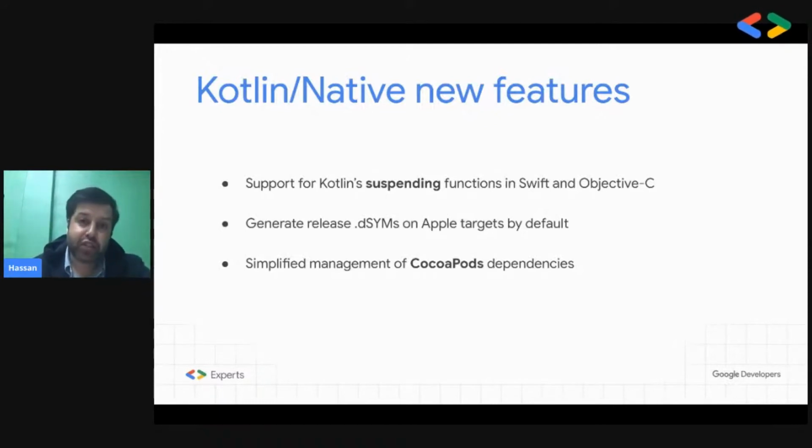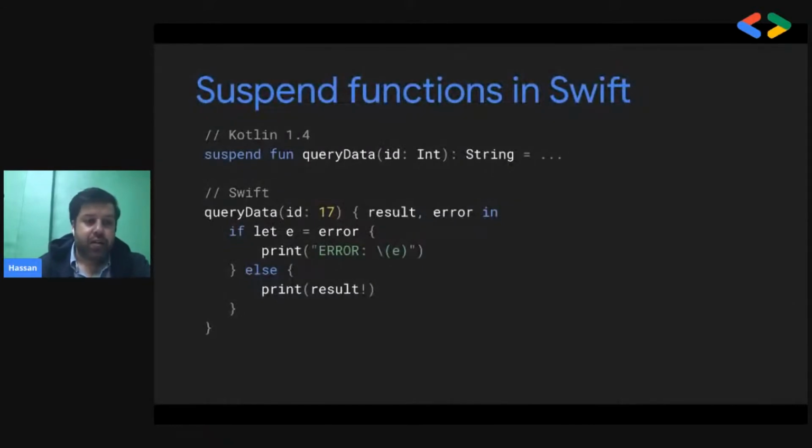We don't need to migrate to Xcode. So this is very interesting. This is one example of suspend functions. In Kotlin 1.4, you can write a suspend function like query data, and then you can use the same in Swift as more like a lambda function, a callback function.